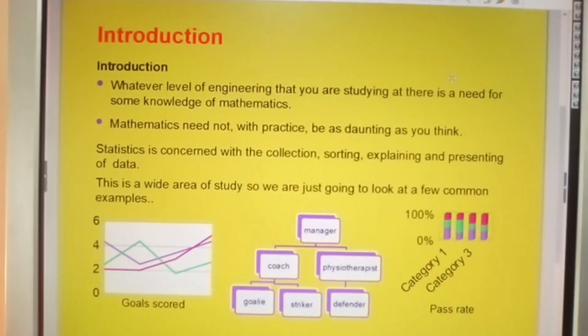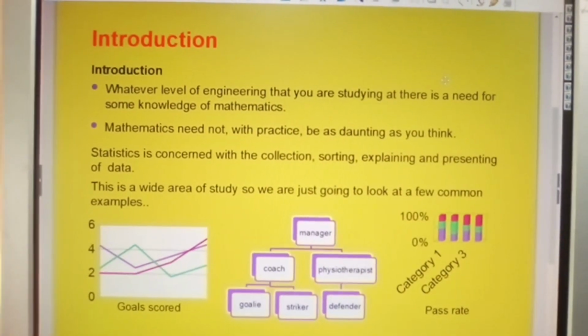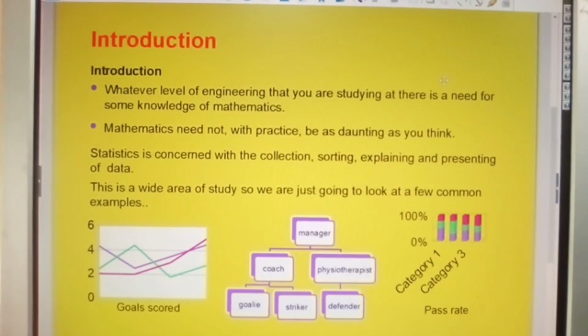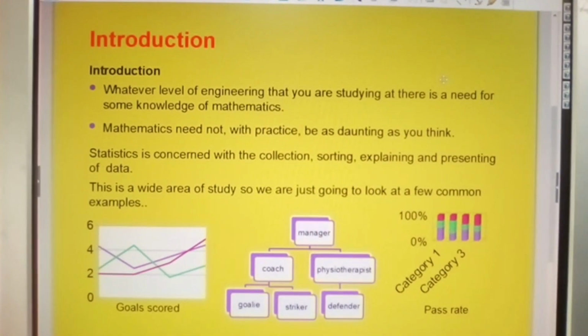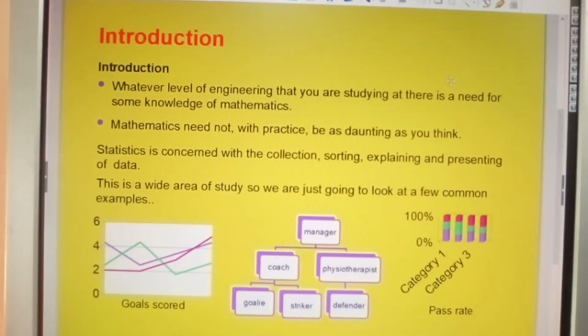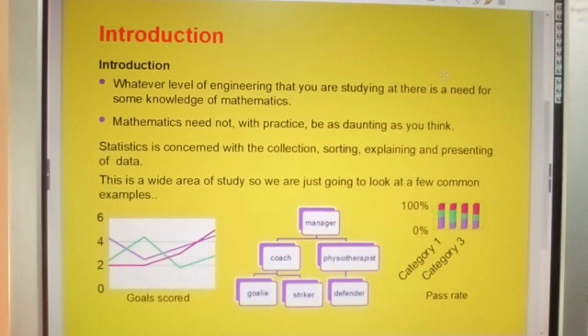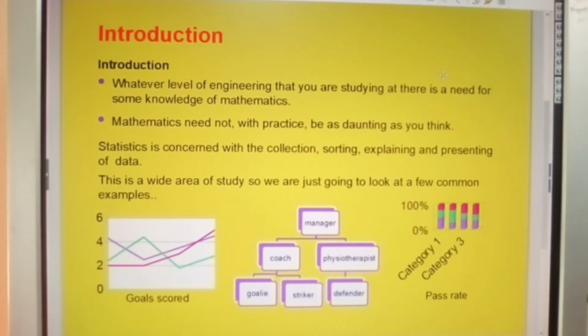Now, data could take the form of something like how many apples there are in one box. We could then say that there are 24 apples in a box, and we're going to sell each apple at 10p each.